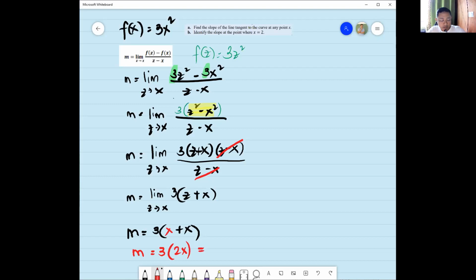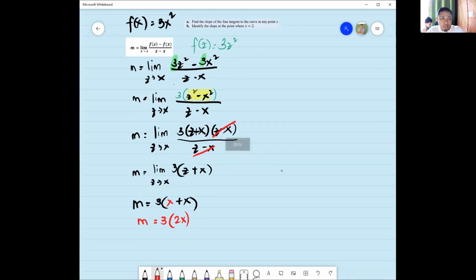And actually, our m here, the slope of the tangent line to the given curve, is m is equal to 6x. That is the process of finding the slope of the tangent line to the given curve, which is 3x squared.